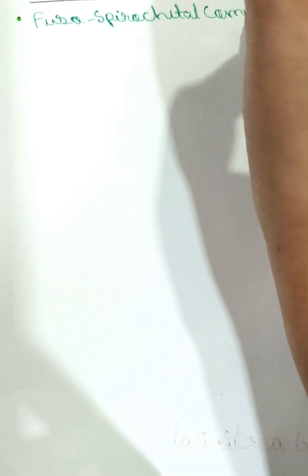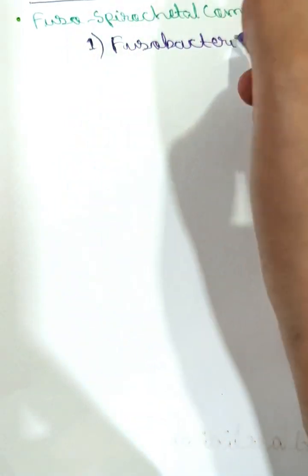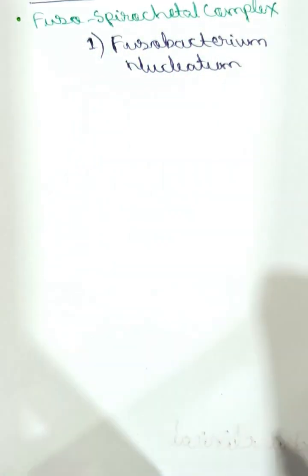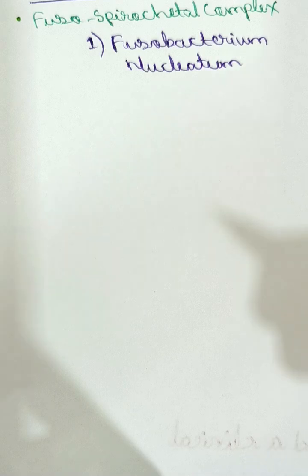Now next we are going to discuss the etiology of ANUG. Now ANUG is basically caused by the fusospirochetal complex. Now you must be wondering what comes under the fusospirochetal complex. The organisms which come under it include, first, Fusobacterium nucleatum, which is the most important causative microorganism of ANUG.